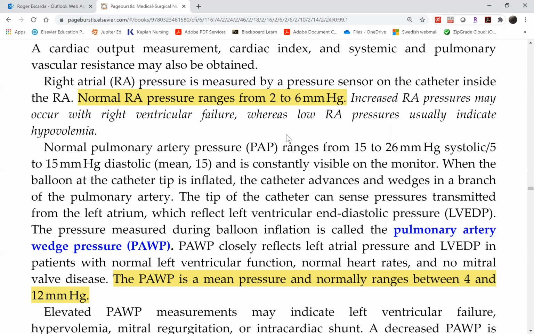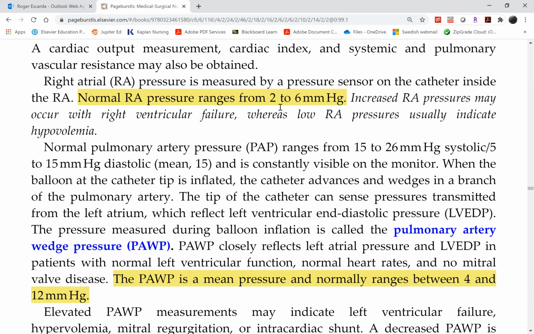That's also normal. However, take note that there is no zero pressure. A zero pressure is already shock. So when we're dealing with a heart attack patient, we don't really want it around 2. Meaning the normal pressure would be somewhere around 4 to 6. Is that understood? Yes. Okay.